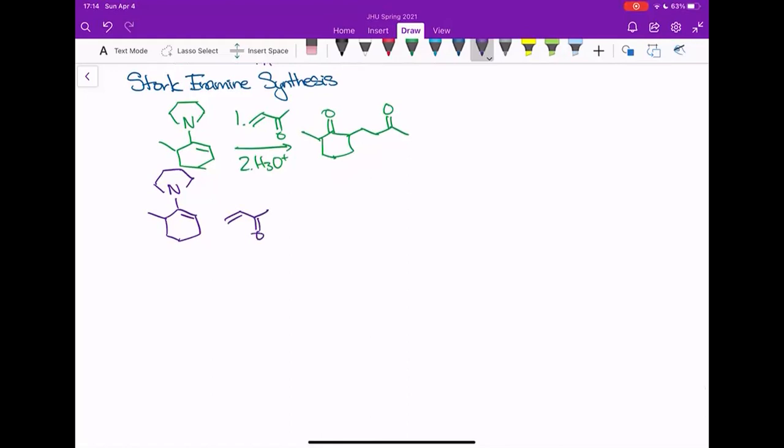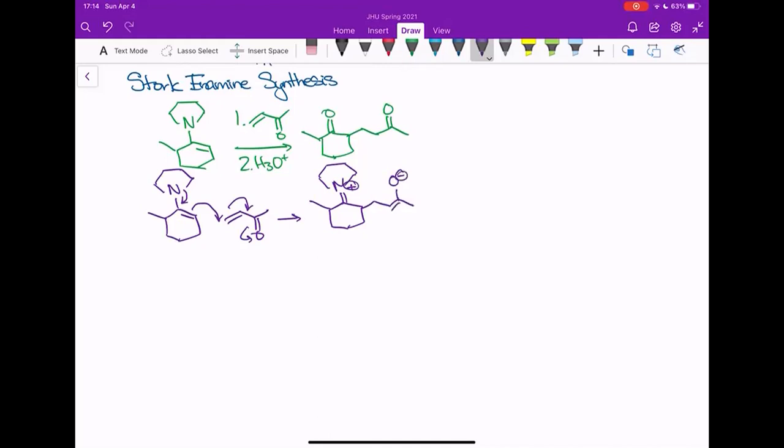So the lone pair on nitrogen comes down, sends this double bond electron out to attack that beta position, and then these electrons will get pushed up to our more electronegative oxygen. Okay, so those two pieces get stitched together.